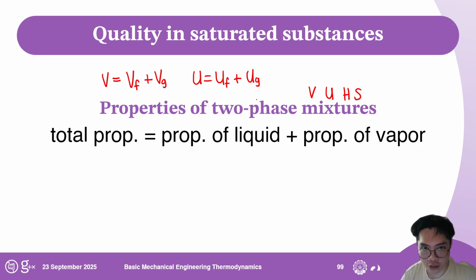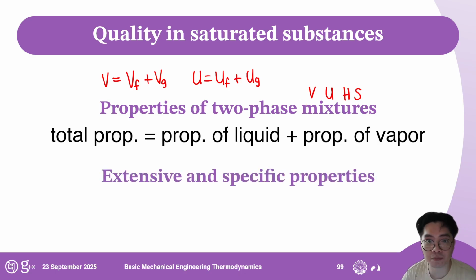which makes sense. So now you might be saying, okay, why are you writing this in capital letters? Because there is an important distinction between extensive and specific properties. Notice that it only applies to V, U, H, and S, which just so happens to be the properties that you can get from the steam tables, from the property tables.